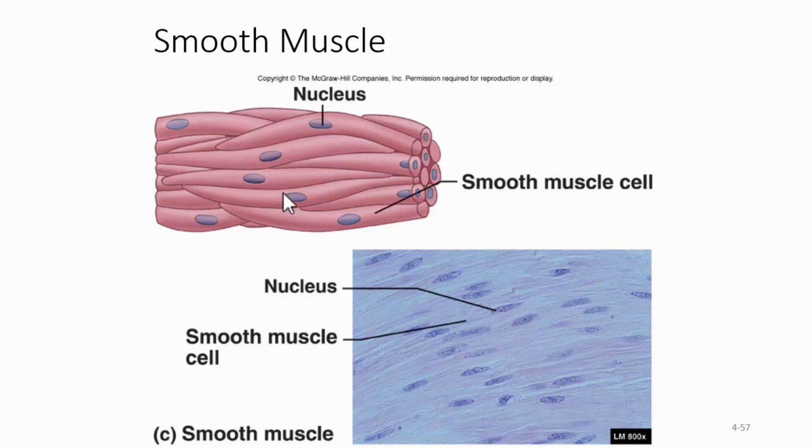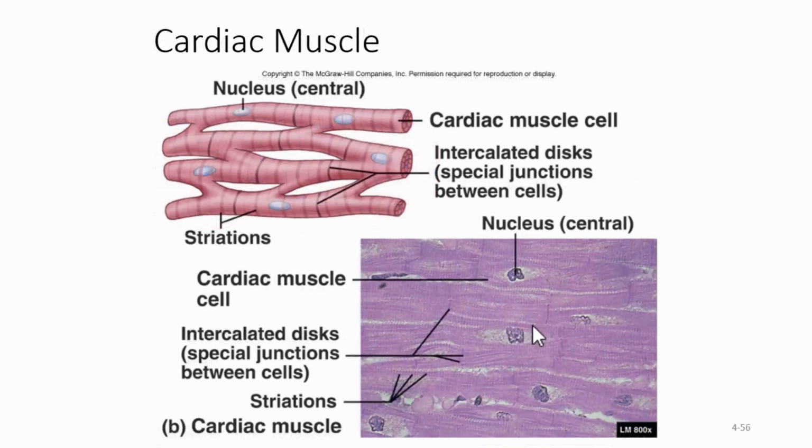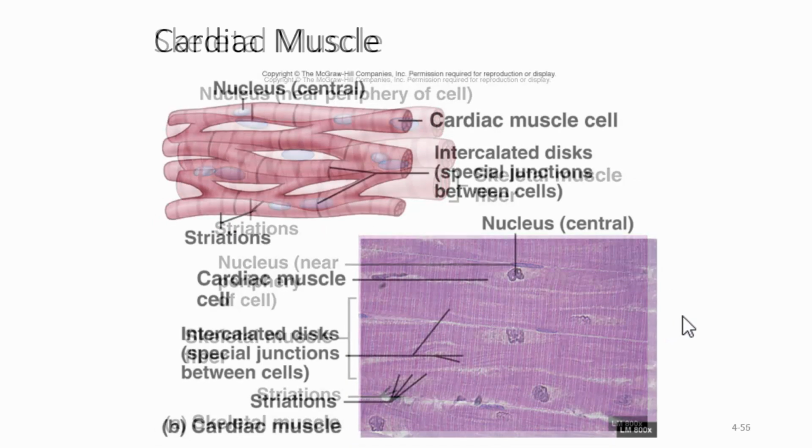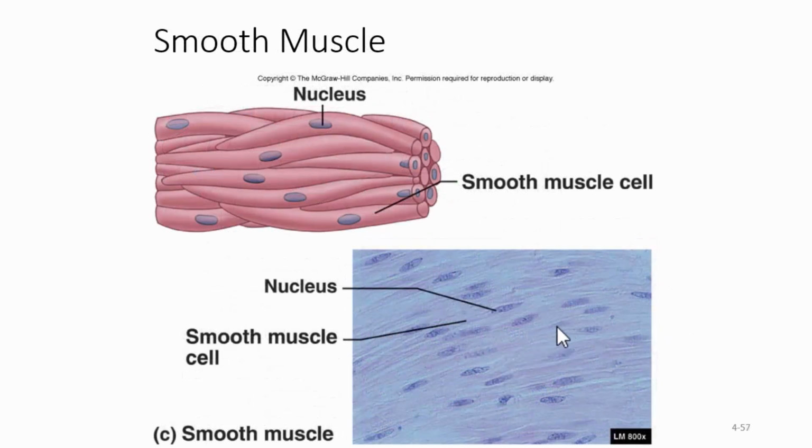Actually, the whole cell is kind of tapered as well, like that. But anyway, you see that there's no striping. I mean, it's pretty obvious here, these stripes. Here, very obvious. In this one, we don't really see those stripes. So that's smooth muscle.